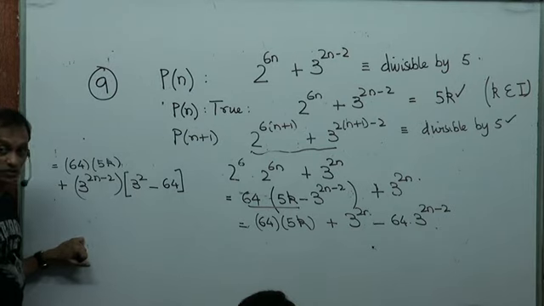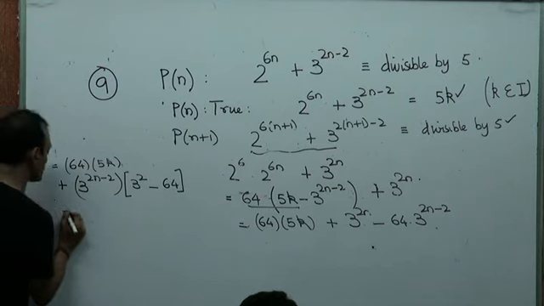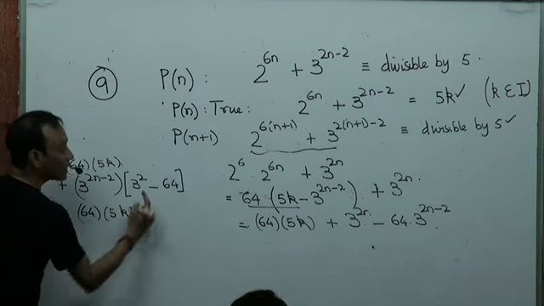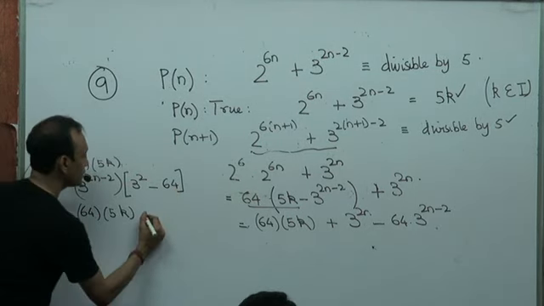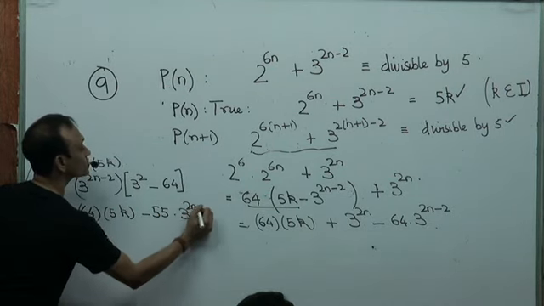Is that okay so far? You realize whatever I have done here, all of you? This is 64 into 5k, plus 9 minus 64, which is minus 55, so minus 55 into 3 to the power 2n minus 2.